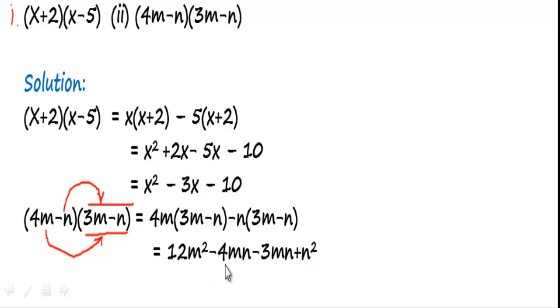The like terms are minus 4mn and minus 3mn. When you add them together, it's going to be minus 7mn. So we have 12m squared minus 7mn plus n squared. That is the final answer.